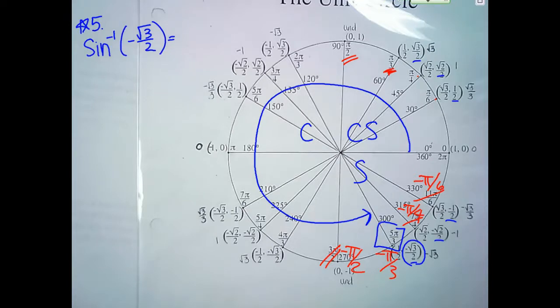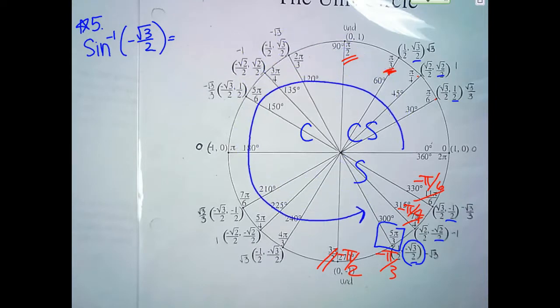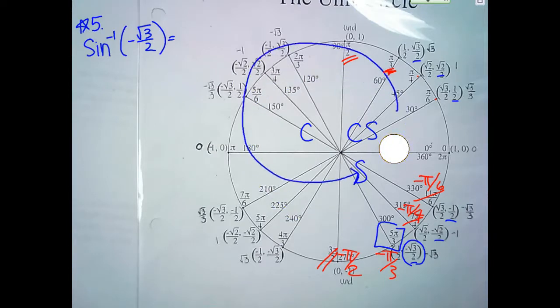Okay, let me explain why one more time. Listen to me so you understand. When you get an answer in quadrant 4, you're not allowed to get there by going this way.